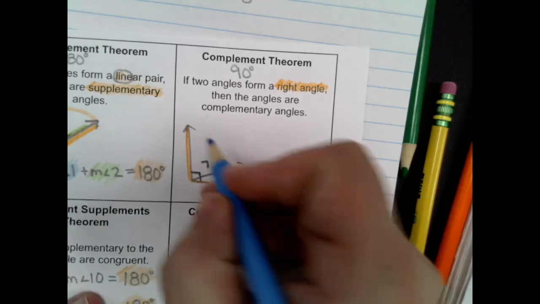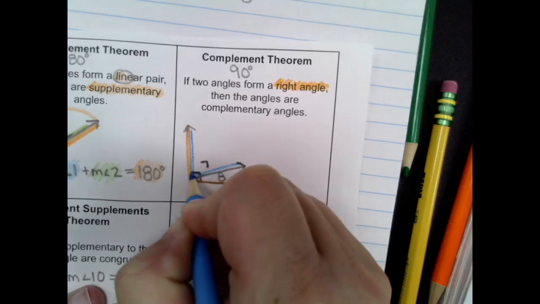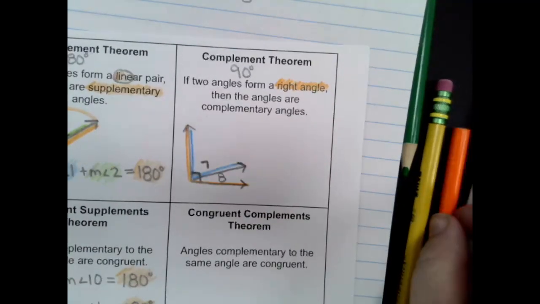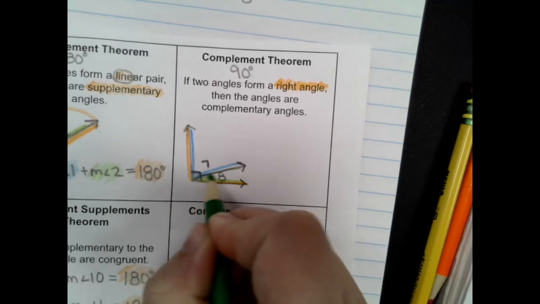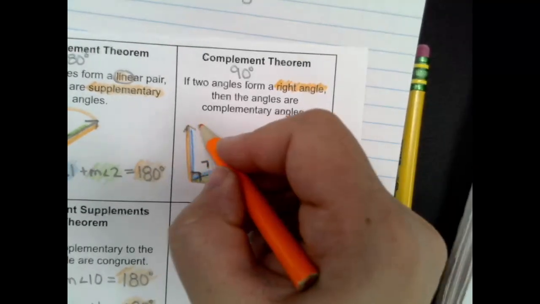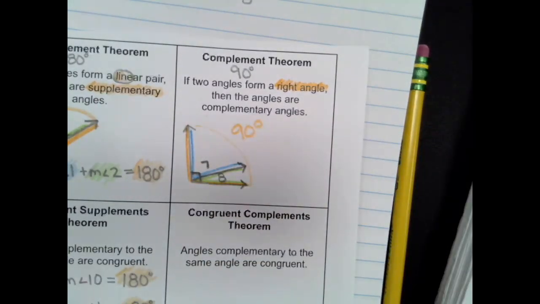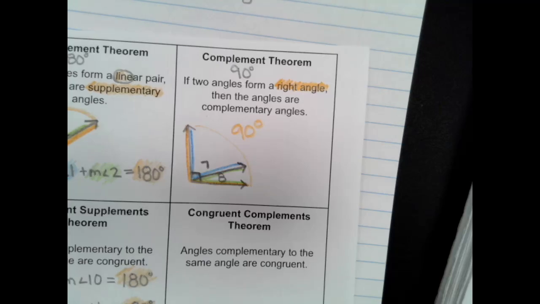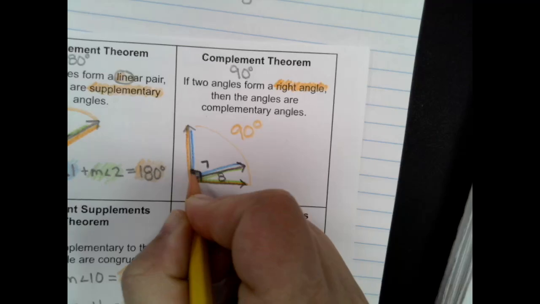Okay, so we're taking this top angle, angle 7, we'll add it with that bottom angle, angle 8. And together they have to make how much is the whole angle? 90. We know it's 90 because of that box there. It tells us it's 90 degrees.